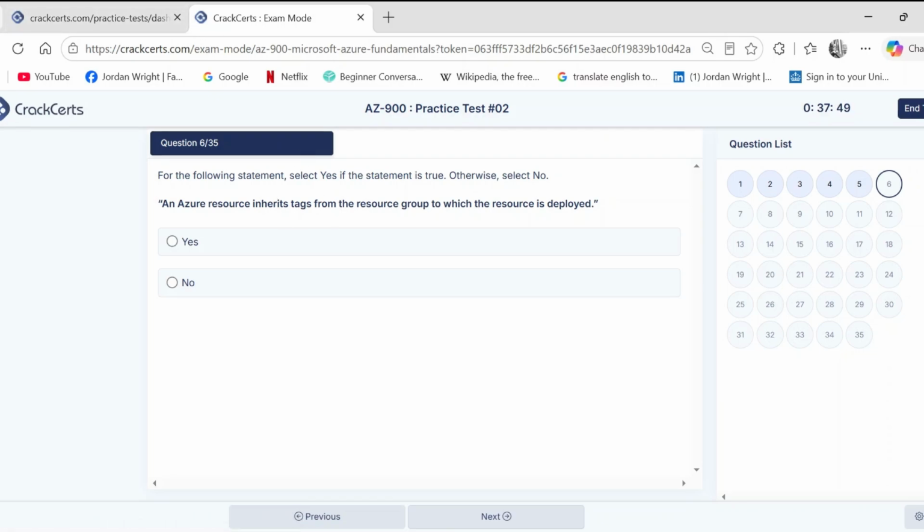If you're assigning tags, you need to do it personally. You need to do it yourself. It doesn't inherit them. The only way is if you make them inherit tags using Azure Policy. It's nothing to do with policy, tags are just naming.